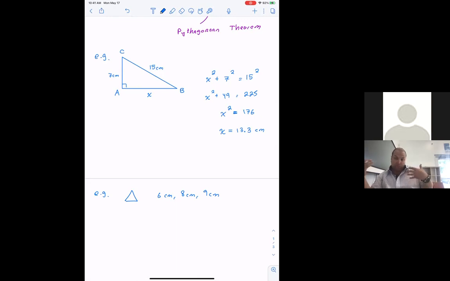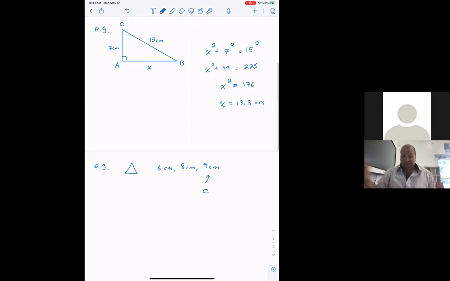But the first question you might ask is, well, which is a, which is b, which is c? If it's not a right triangle, then ABC is irrelevant. Call everything whatever you want to call it. But if it is a right triangle, then C must be the hypotenuse. And the hypotenuse is the longest side of the triangle. So the only possible C is going to be the 9 centimeter one.